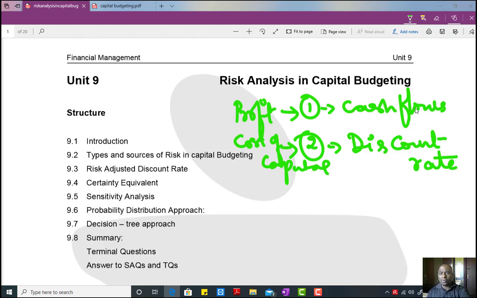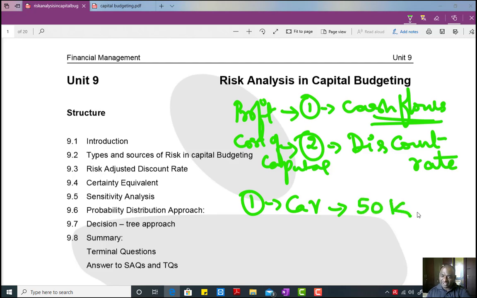Let us say tomorrow I buy a car. I'm planning to rent it out to Uber. I'm expecting a cash flow of 50,000 rupees per month. Can I say with certainty that I will earn that next month? No, because it may be 45,000, or 30,000, or 25,000.